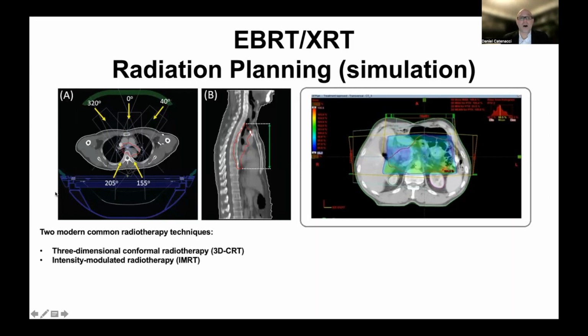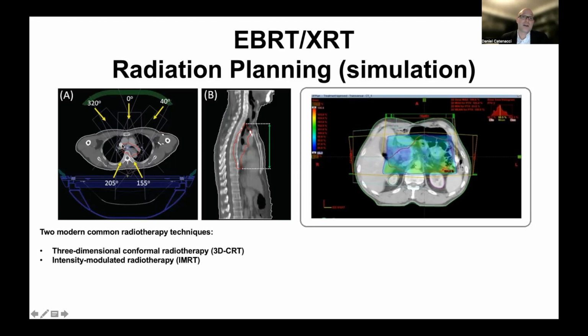And so two modern common radiotherapy techniques include 3D conformal radiotherapy and intensity modulated radiotherapy, or IMRT. And what this is doing is it's using the benefit of where each of these beams are converging to really give the highest dose of radiation and to try and limit the amount of radiation that's going outside to the normal tissues. And so remember, X-rays come right through one's body.